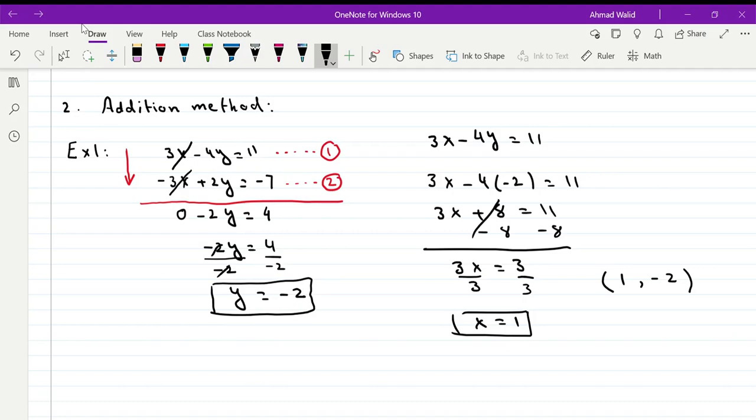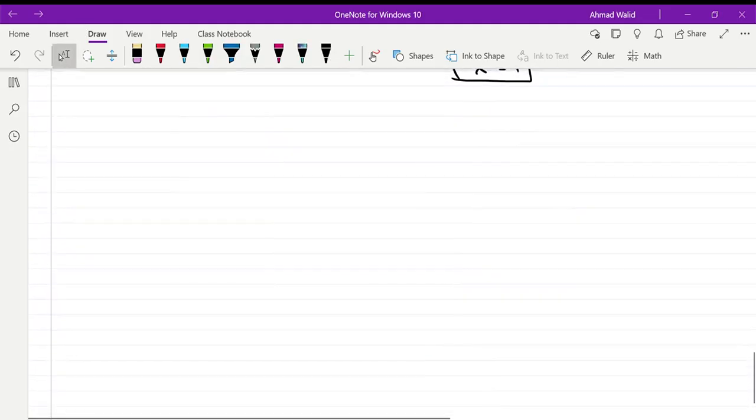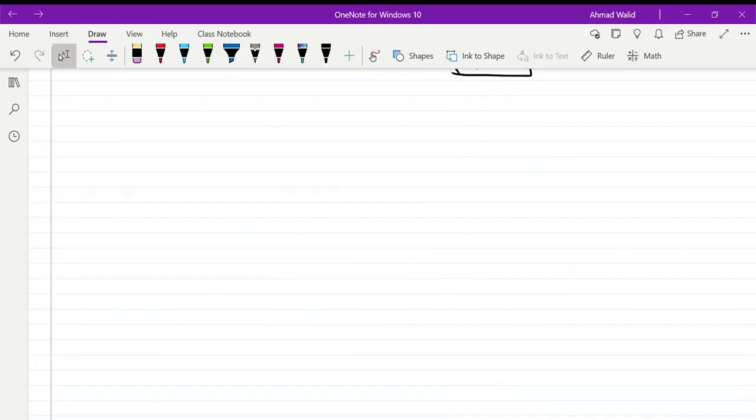It was very easy to eliminate in this problem because the coefficients of the x's were the same, correct, but with opposite sign. But let's do another example and see what happens if they are not equal. Let's take this system: 3x plus 2y equals 48, and equation number 2, 9x minus 8y equals negative 24.